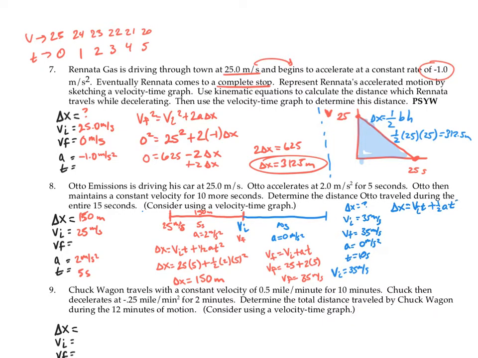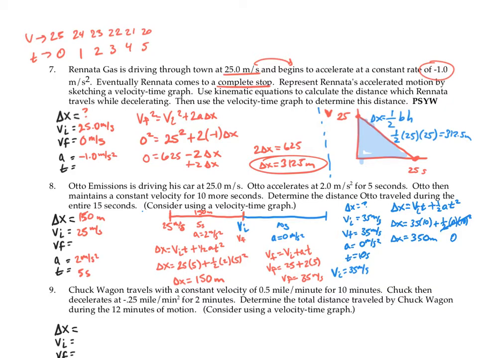If I plug in an acceleration of 0, then this whole last term goes away because I'm multiplying by 0. So I'm just going to get 0 for that term. So I'm just left with displacement equals initial velocity times time, which 35 times 10 would be 350 meters.